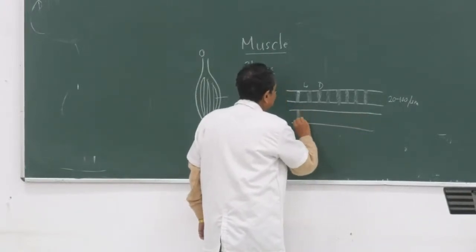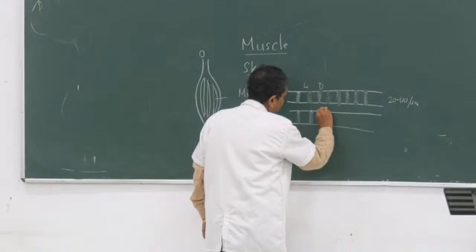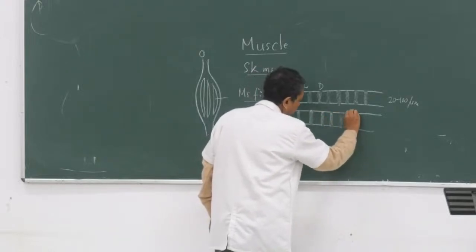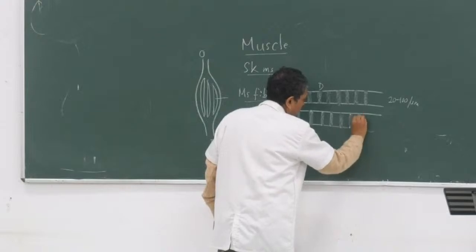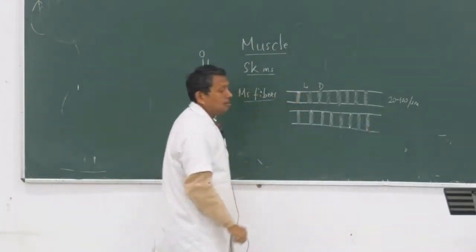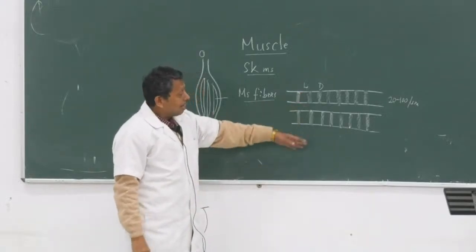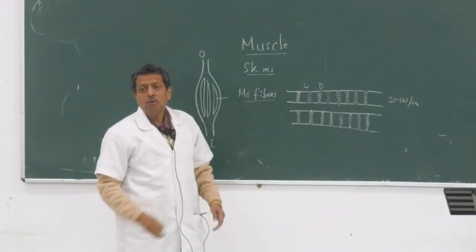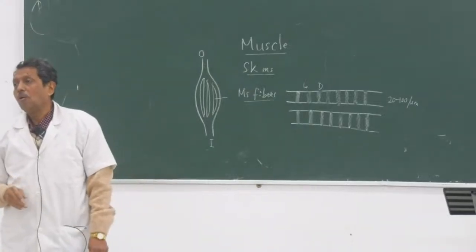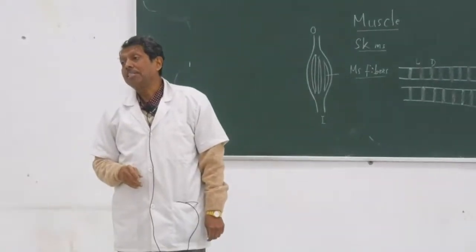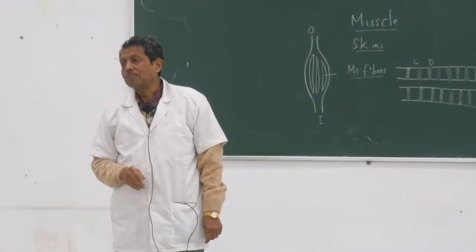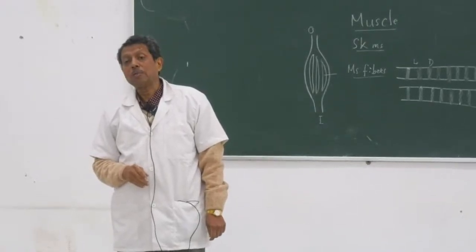Suppose if there is another muscle fibers, and they have these striations. In this way. And they are in the register. So under the light microscope or electron microscope, you can see these striations, light and dark band. They are also called isotropic and anisotropic bands.